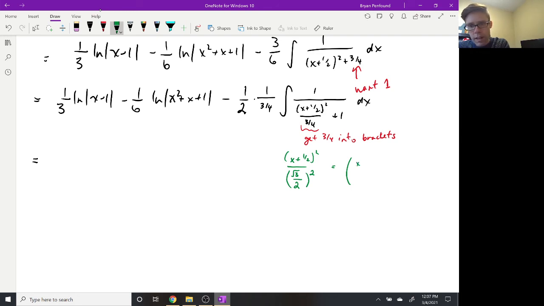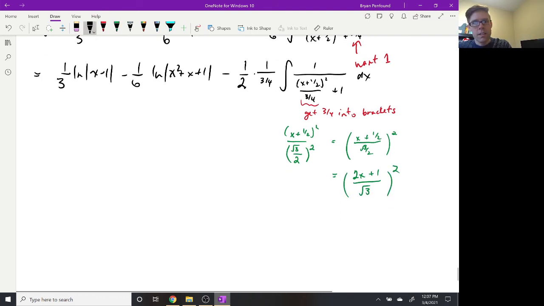So essentially now we have x plus 1/2 over root 3 over 2, all squared, and then we just want to simplify that a little bit. Now it's not going to look very pretty, I apologize, but we get 2x plus 1 over root 3, all inside of this bracket.